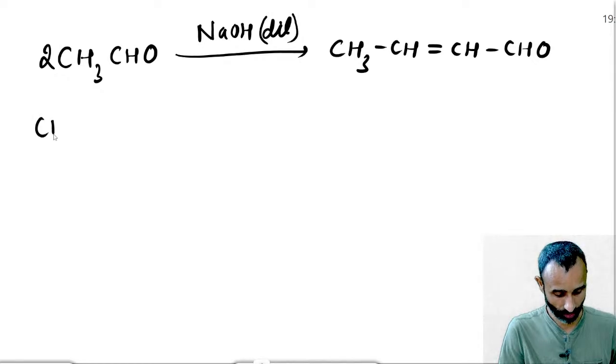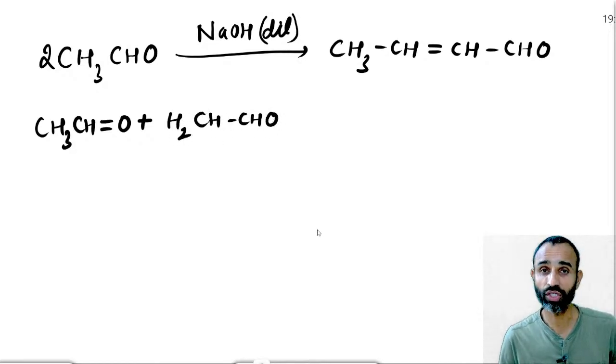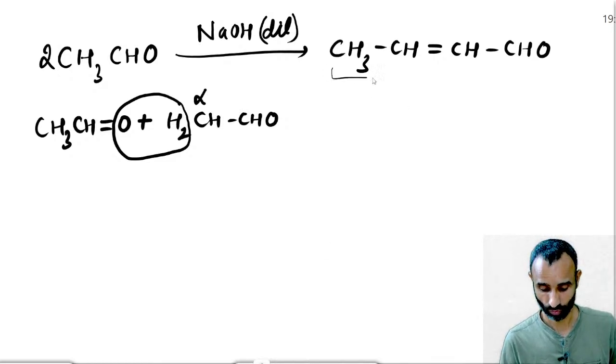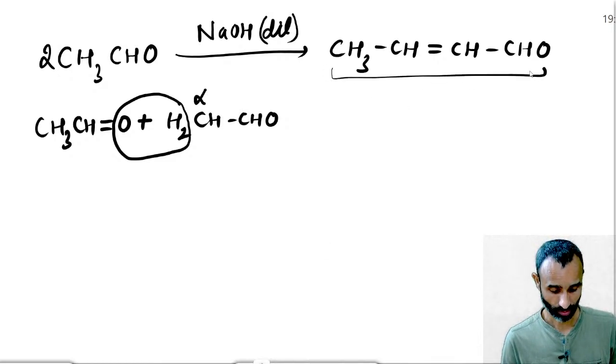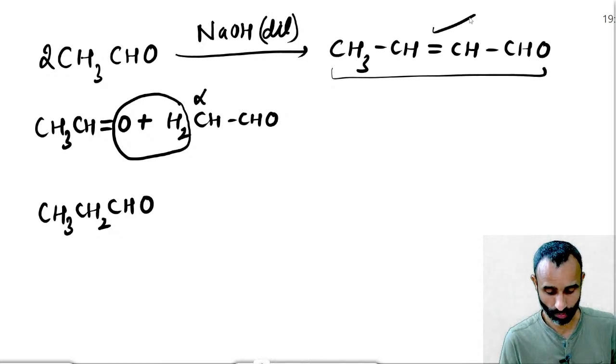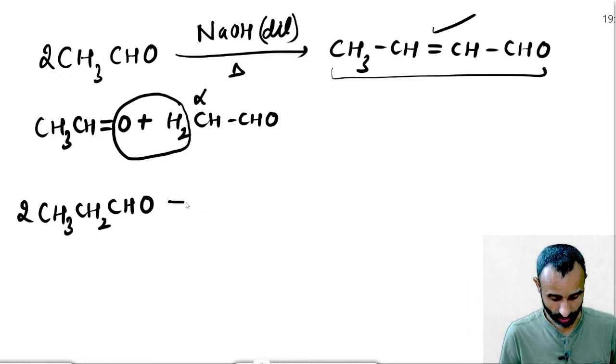So this end product we can form by simply writing it like this, and these two hydrogens should be alpha. So we get this product. So two alpha hydrogens are needed. Yes, and to form end product, we should remove two alpha hydrogens. So tell me, what is the product formed in this case?